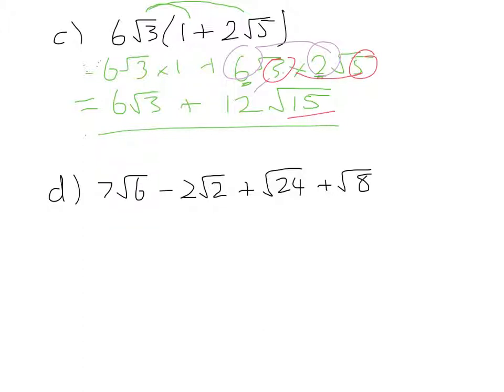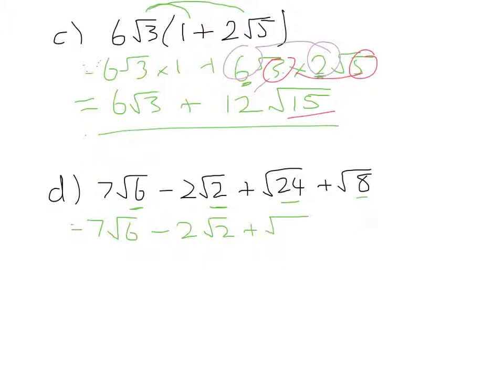We need to look for any surds that are like surds, so they're the same surd. So there's 6 and there's 2, 24 we'll have to simplify, and 8 we'll have to simplify. So this will be equal to 7 root 6, I'm just writing it out again, take 2 root 2, plus the perfect square that goes into 24 is 4.